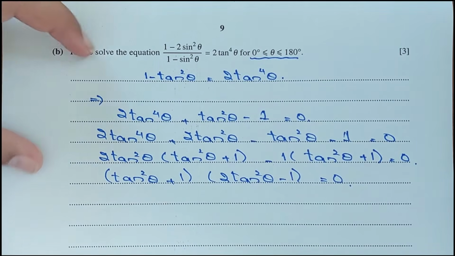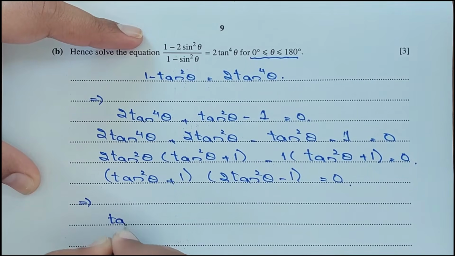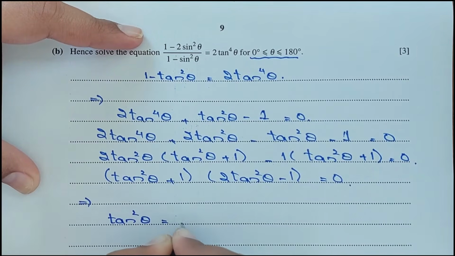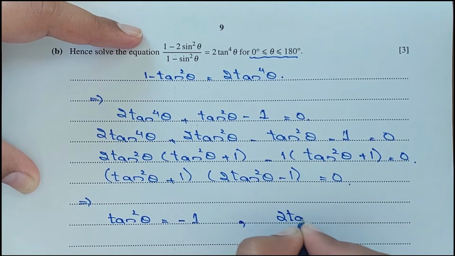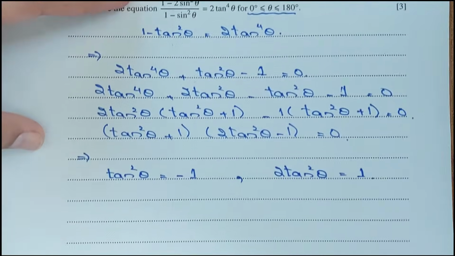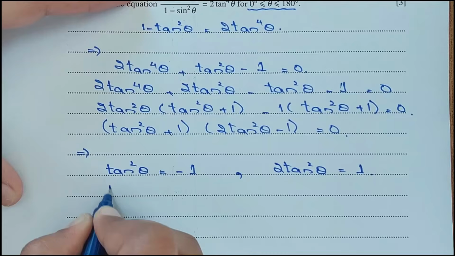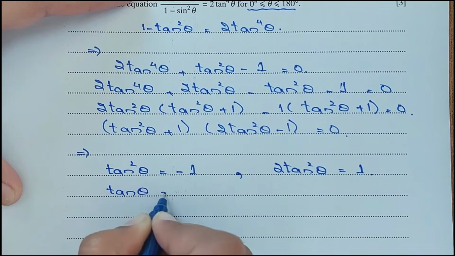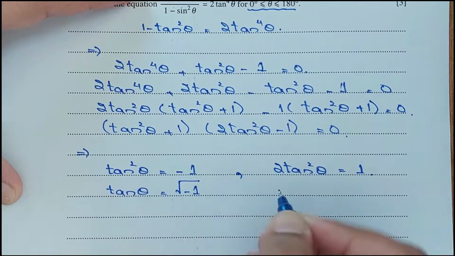Now let me put both factors separately equal to 0 to get the value for tan. So tan square theta would be equal to negative 1, and here 2 tan square theta is equal to positive 1, right? If we take square roots, tan theta would be equal to square root of negative 1, which is iota.